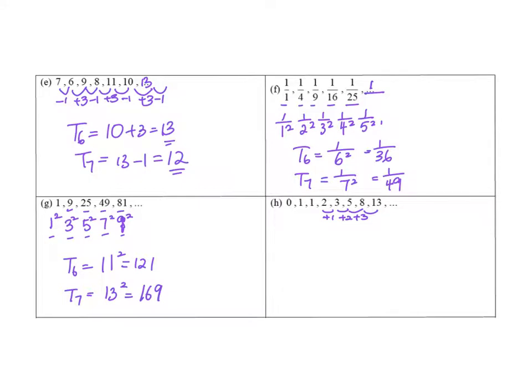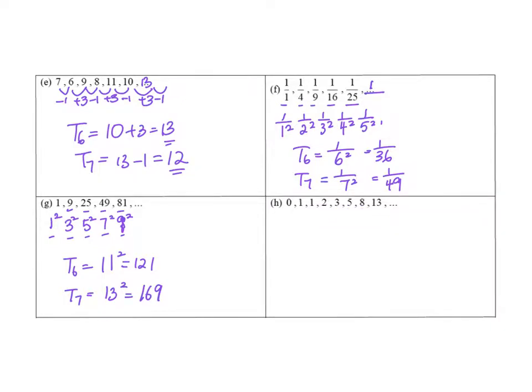Now 8 to 13 is a plus 5. This looks a little peculiar. It doesn't look like it's following this pattern. So let's start to guess another pattern again.